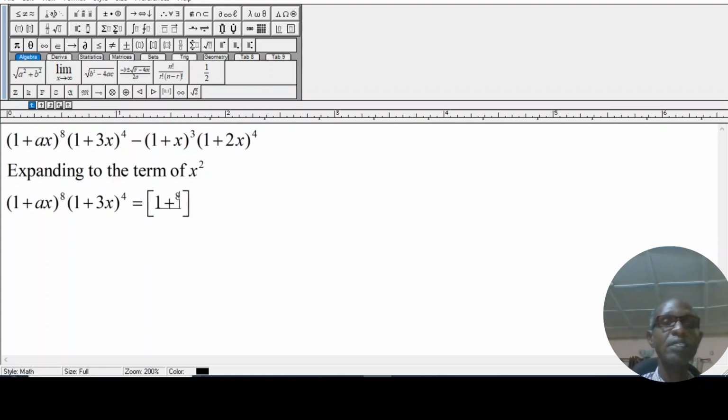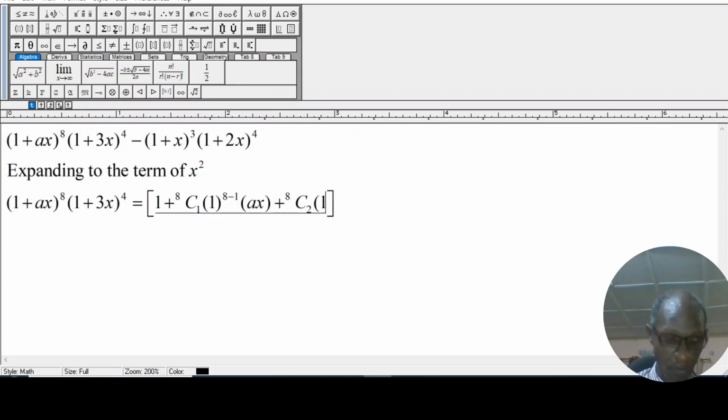This will be 8 combination 1 to ax. Every time you expand, this will be 1 raised to the power of 8 minus 1, and then plus, then we have 8 combination 2, then expand that.